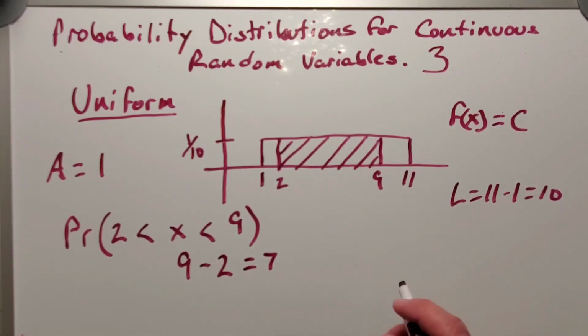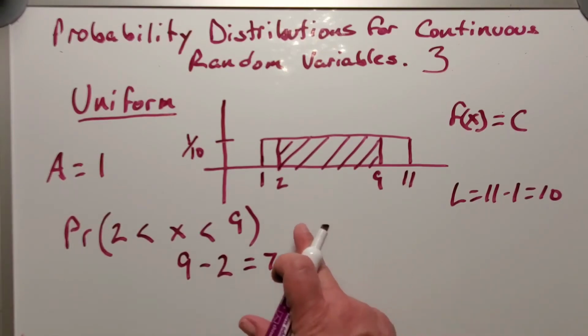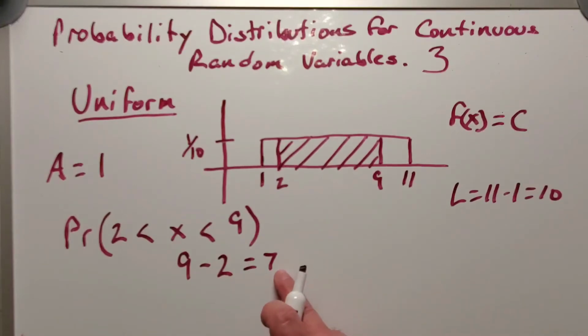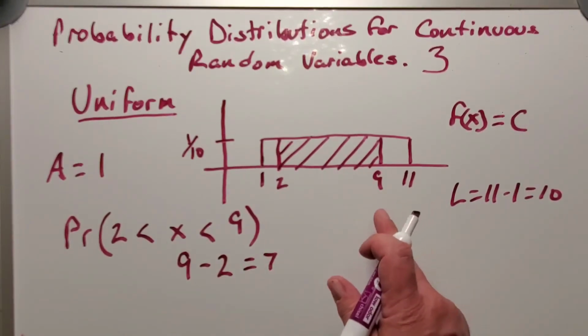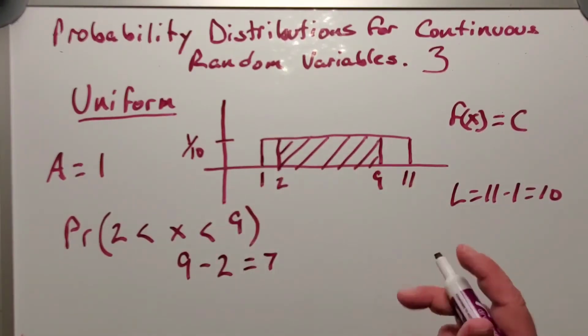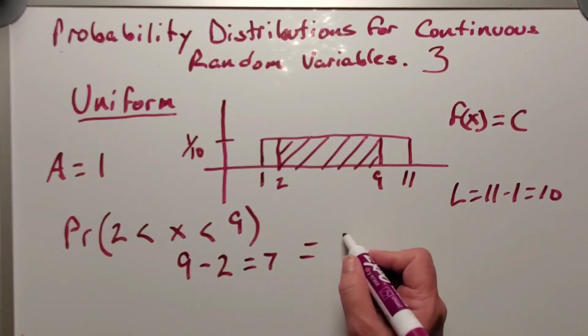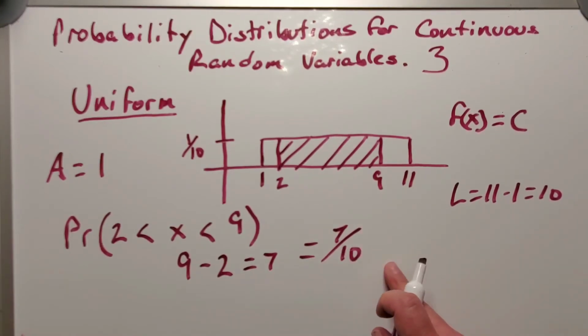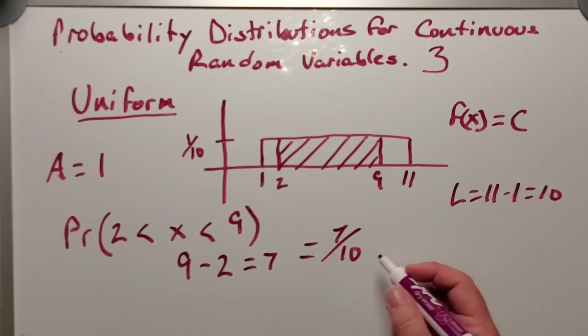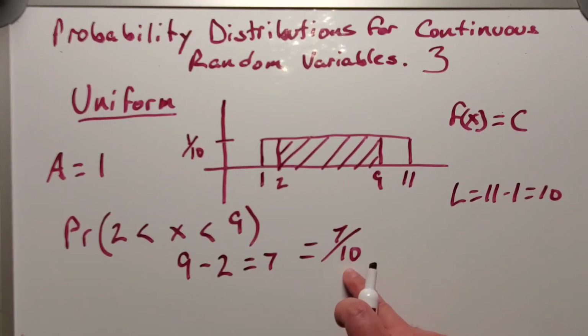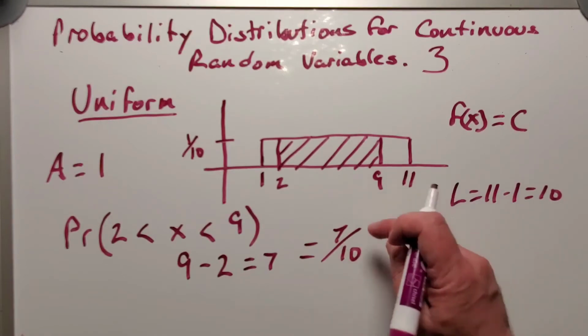Well, we can answer the question, the probability that some randomly selected event will occur between 2 and 9, simply by taking that as a fraction out of the whole. I know that the length of the interval is 10. I know that this is 7. So our answer has got to be 7 units out of the total of 10. In probability language, we would say that the sample space is 10 and that our desired event, the event that we're investigating, is 7.